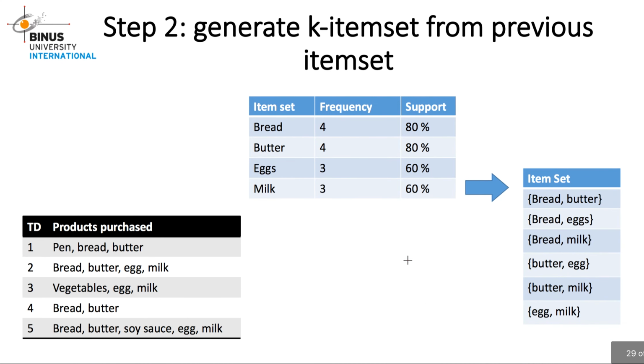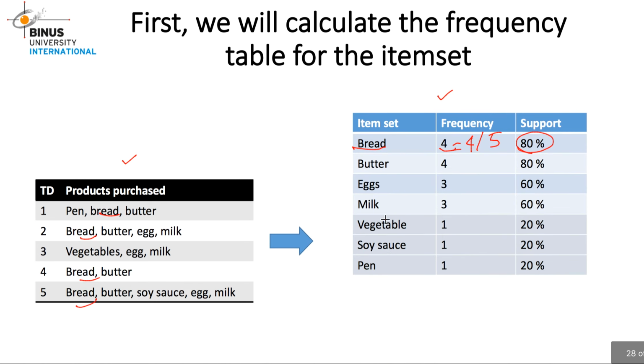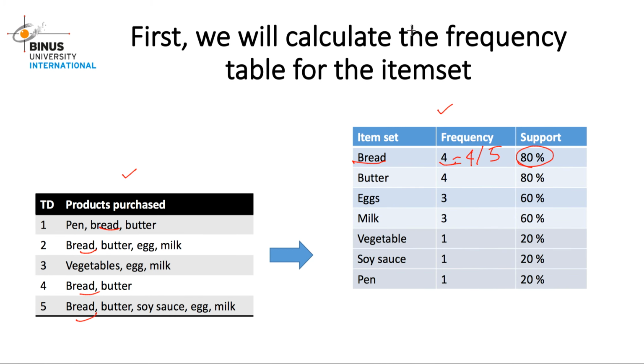Okay, so we only have 4 good frequent item sets. Why? Because, let's go back here. Now, if you see, this 3 is not good enough. Why?